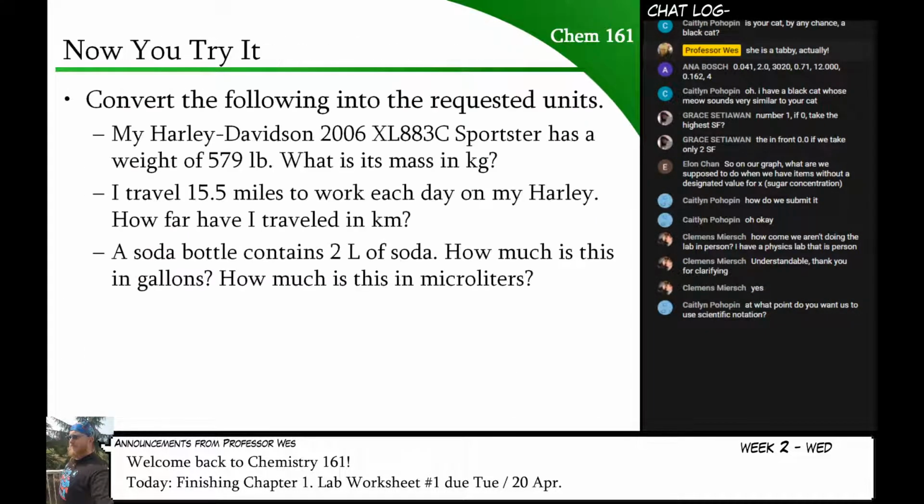All right. So what I want you to do is try to do these basic calculations. Now, obviously, these are units that are common, and you can look them up on Google. For example, if you type in 579 pounds to kilograms, Google will do that for you. How am I going to test you on stuff? I'm not going to use units you can Google. I'm going to just make up units, like a squip, or a jolt, or whatever.